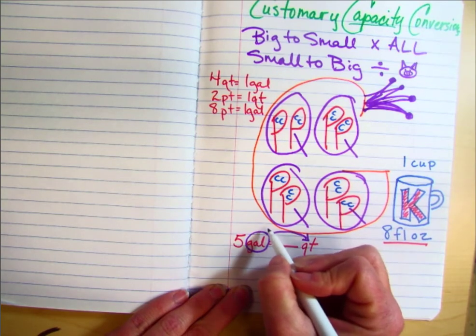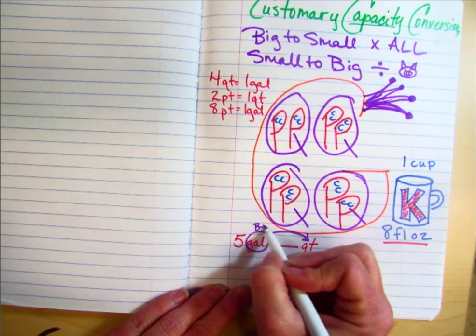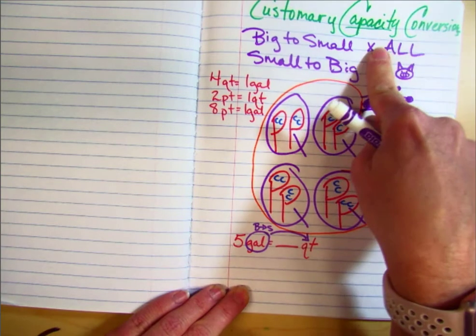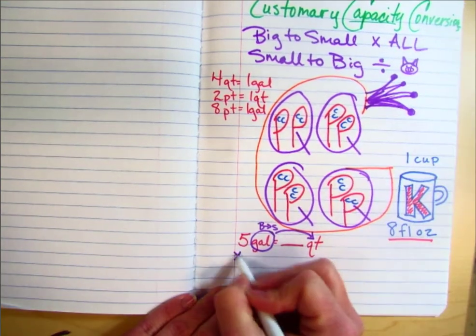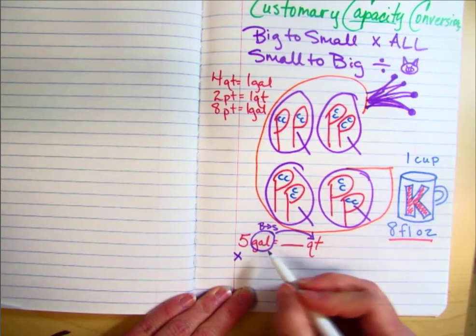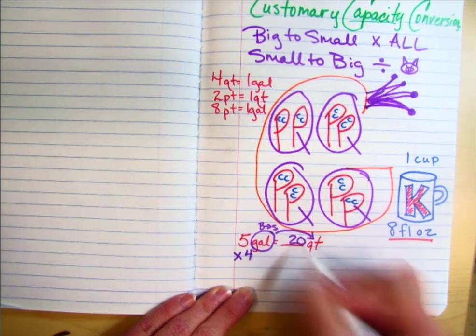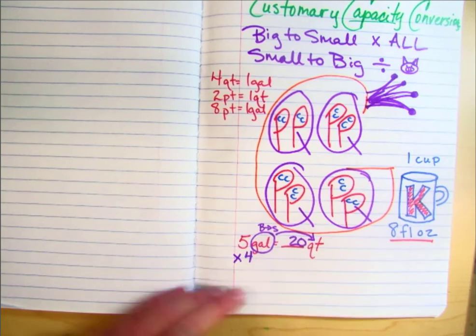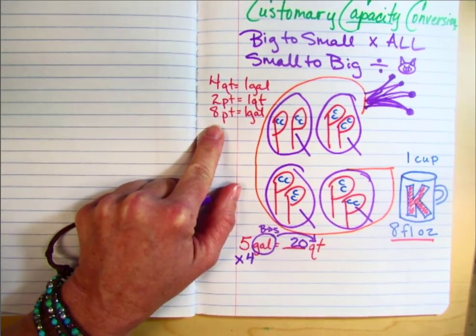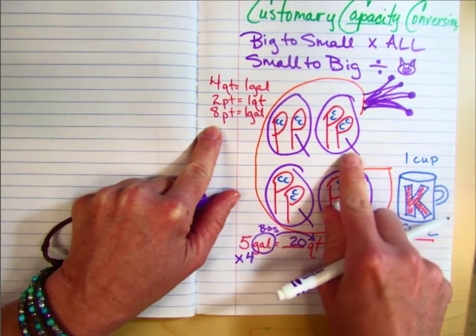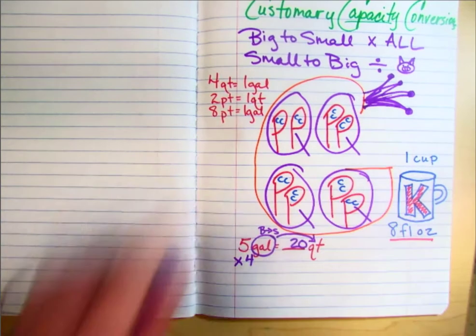On this one, I'm going big to small, so we know to multiply all. And I'm going to look for how many Q's in the G. 1, 2, 3, 4. I'm multiplying 5 times 4 to get 20 quarts. Again, if you want to use the measurement conversion charts, that's fine, but 5th graders tend to do better with this picture.